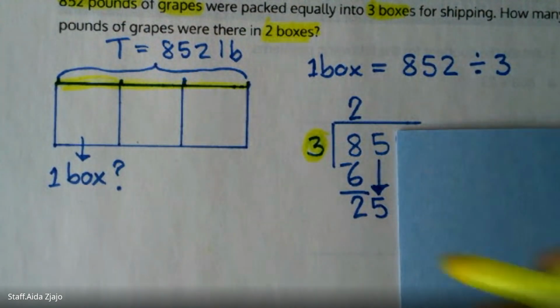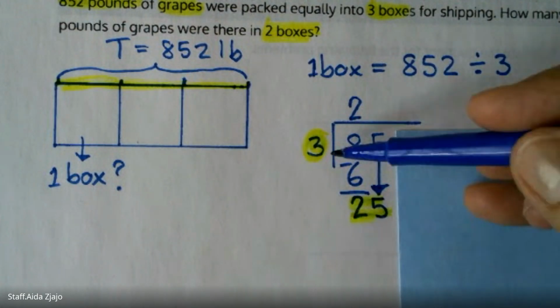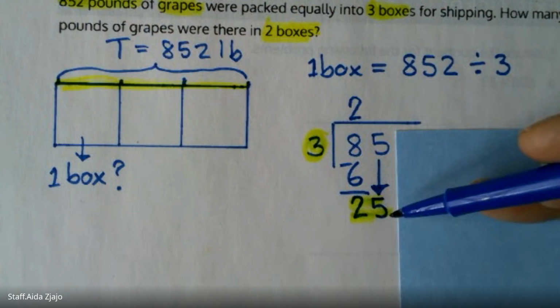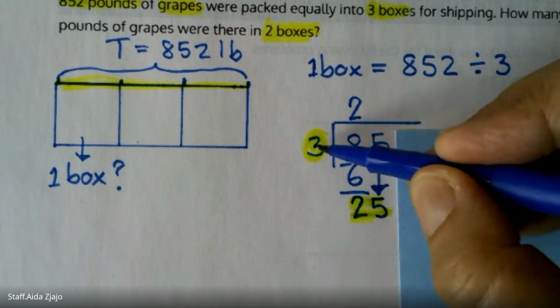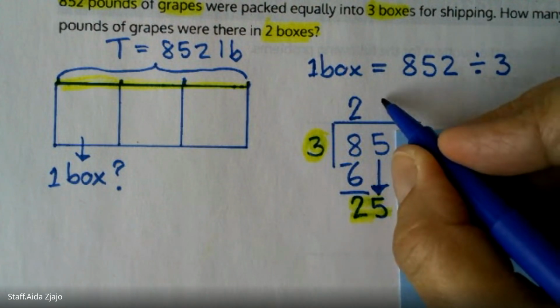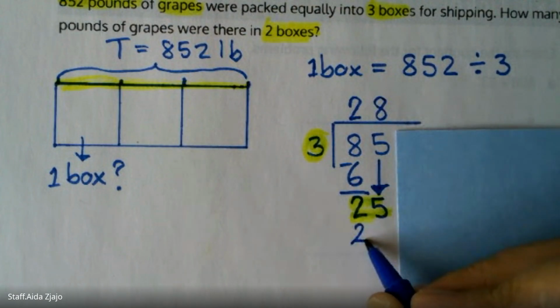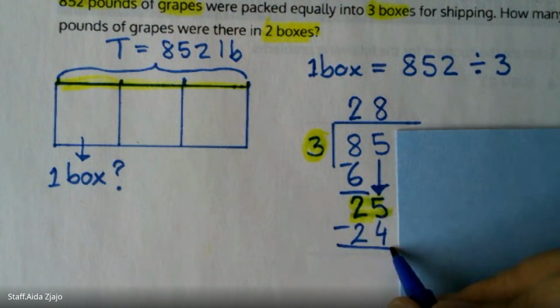So now, how many 3s are in 25? Or what number times 3 is close to 25? If you know multiplication, 3 times 8 is 24, and that is really close to 25.